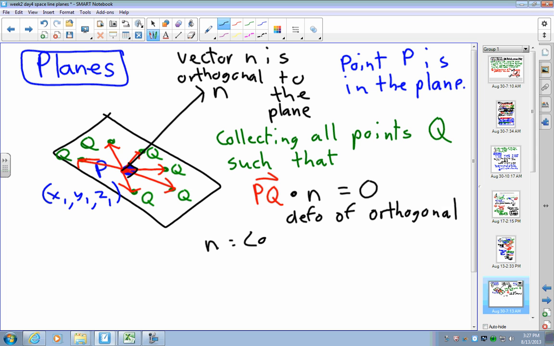Now, that n vector, we're going to always reference as, for right now, an A, B, C. Okay? And we will call any one of those Q points x, y, z. No number underneath it, just an x, y, z.